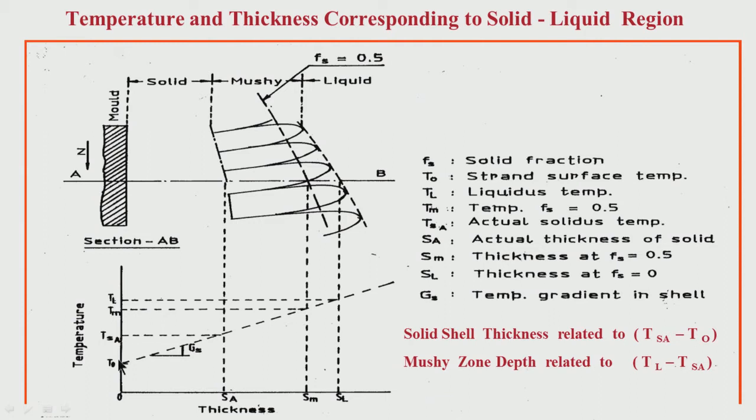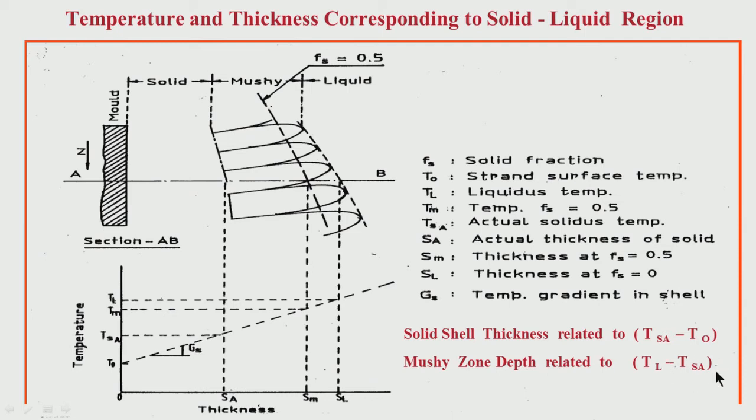T0 is the surface temperature of the solid. So, let us assume during cooling it is more or less constant. So, if TSA is suppressed, the thickness of the solid shell also comes down, because solid shell thickness is proportional to the temperature difference between the actual solidus and the surface temperature of the solid, and the mushy zone depth is proportional to the temperature difference of solidification, that means the difference between the liquidus and the actual solidus.